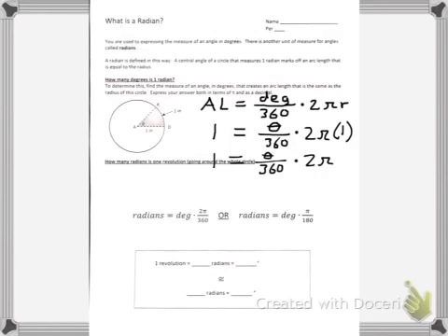Since we're multiplying on the right, I'm going to divide that whole side by 2 pi, and I'm going to divide the 1 on the left by 2 pi as well. Our goal is to get theta by itself. So the 2 pi's on this side both cancel out, and I'm left with 1 over 2 pi equals theta over 360.